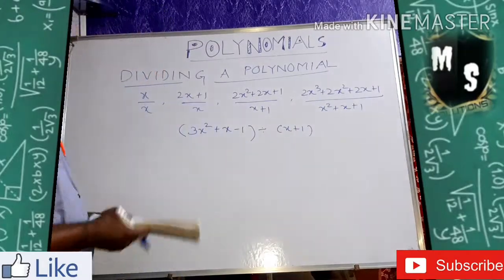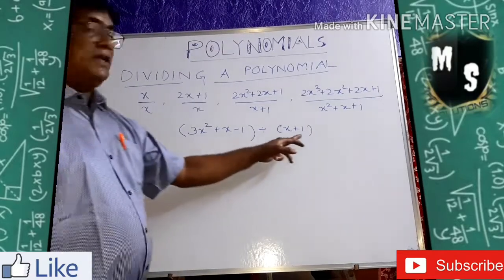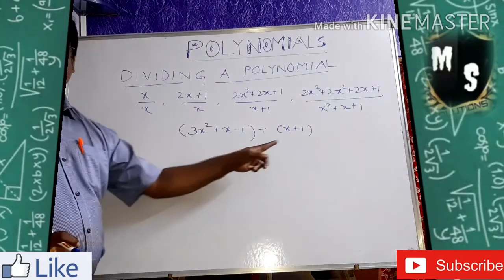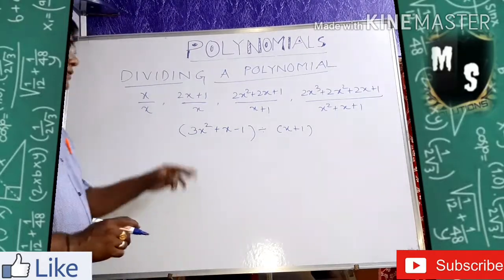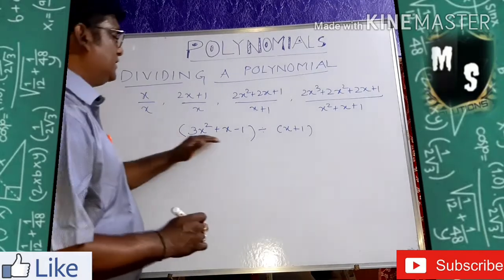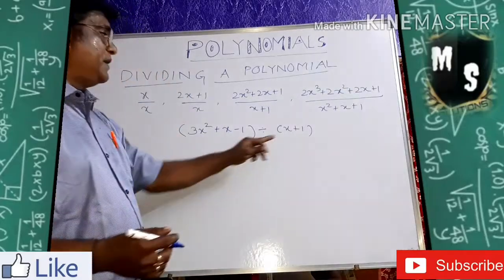Clear? Okay. Now you see very clearly, this is a multinomial divided with a binomial. When I am going to divide, first of all, try to remember this is my dividend. In 4th class you did it. This is my dividend and this is my divisor.